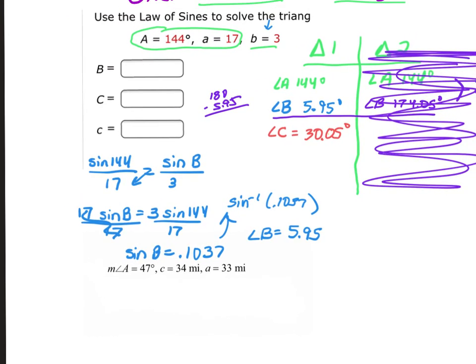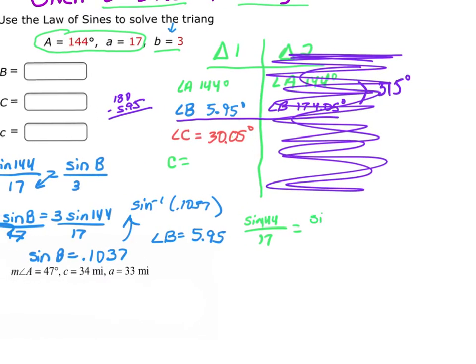Now I'm going to solve for sides. I have A, I have B, so I have to solve for side C. I would just use my law of sines: sine of 144 over 17 equals, I know that angle C is 30.05, so sine of 30.05 over C. Cross multiply, so 17 times the sine of 30.05 equals C times the sine of 144.